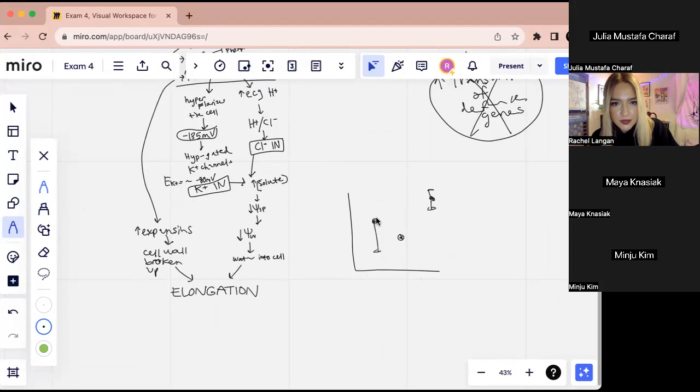Let's say you have a dot plot like this and you have some error bars.